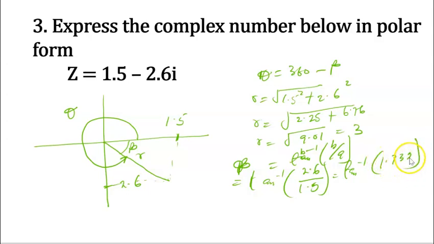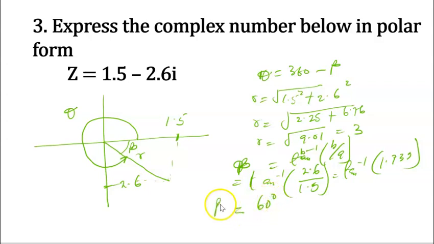So the tan inverse of 1.733 is equal to 60 degrees.